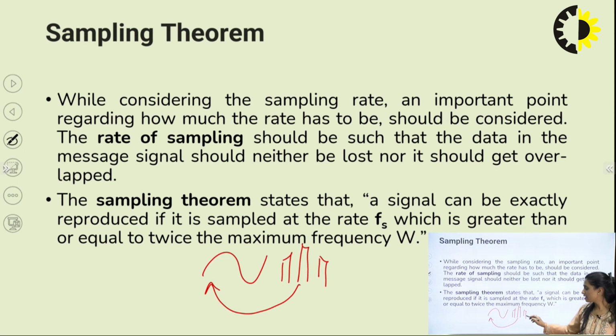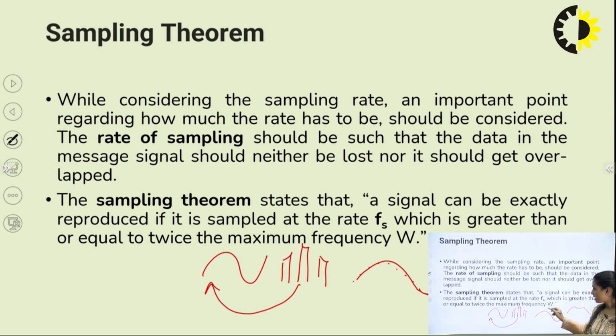And when I recover or reconstruct my signal, I should be able to accurately retrieve it back. The more samples I take, I'll have closely spaced values, and plotting that will give me close to accurate value. If I take fewer samples, then the probability of error will increase, right?